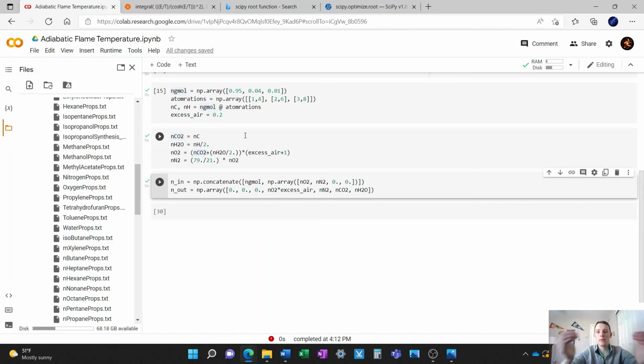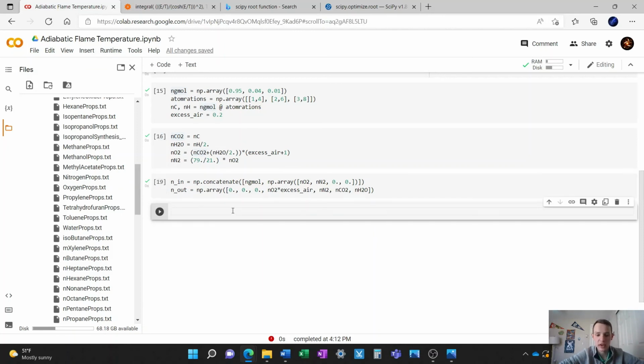We need to perform element-wise multiplication. Okay, and to do that, we need to do a dot product, and numerical Python has something that we can use for that. It's just np.dot, and then we put the two arrays in that function. So that is what we're going to be able to use when we create this function that we're going to use the root solver on.